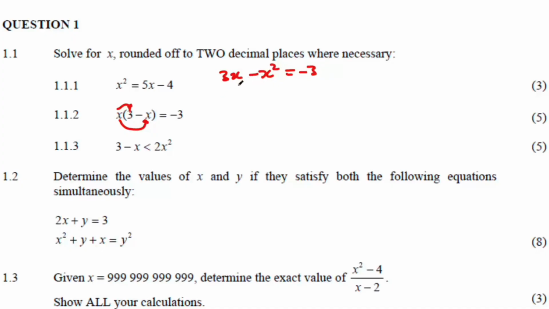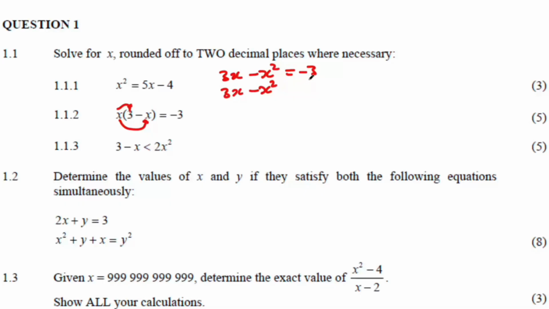So this will stay as it is, and we're going to bring the minus 3 to the left-hand side. So 3x stays as 3x, minus x squared stays as minus x squared.